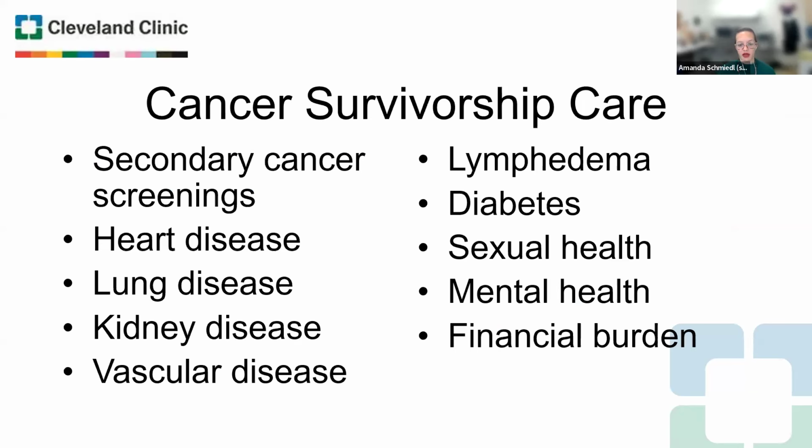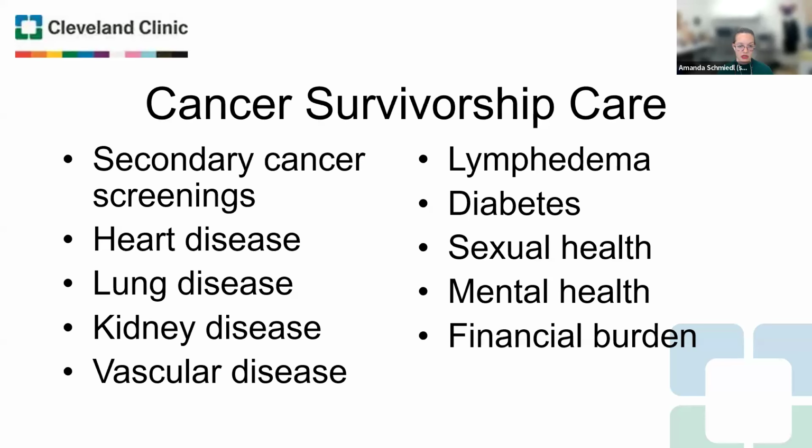So what does cancer survivorship care look like? In general, for all of those in cancer survivorship, we want to look at secondary cancer screenings, heart disease, lung disease, kidney disease, vascular disease, lymphedema, diabetes, sexual health, mental health, financial burden. All of these things are impacted by cancer care.